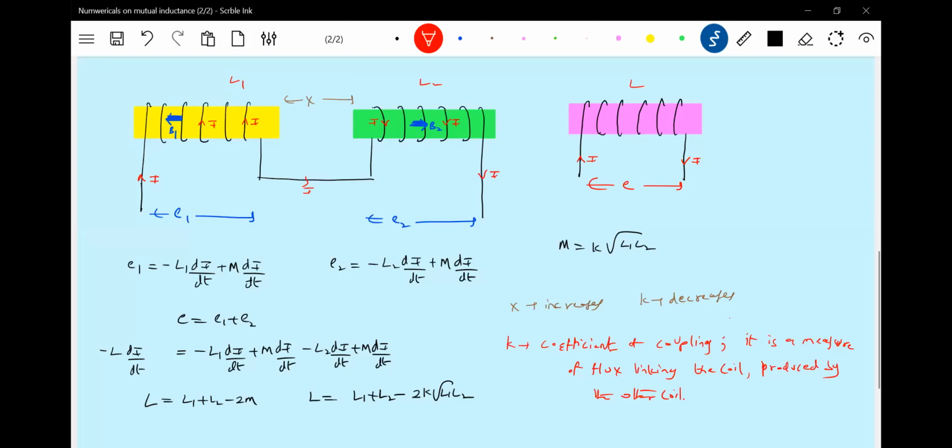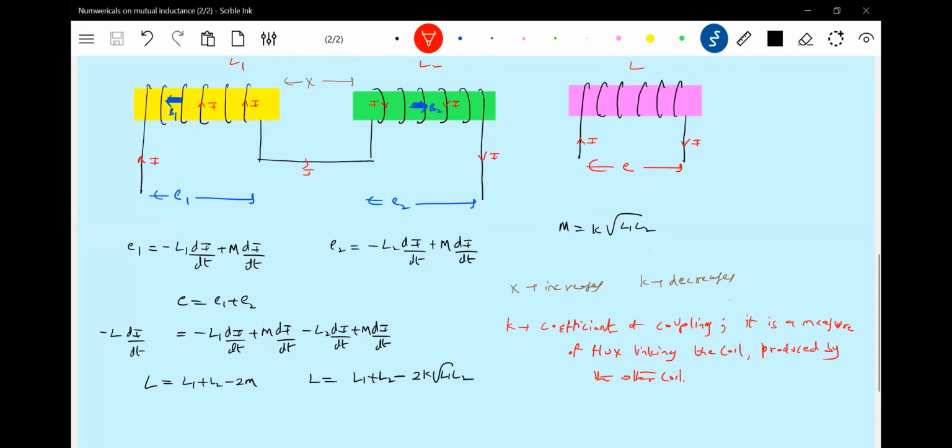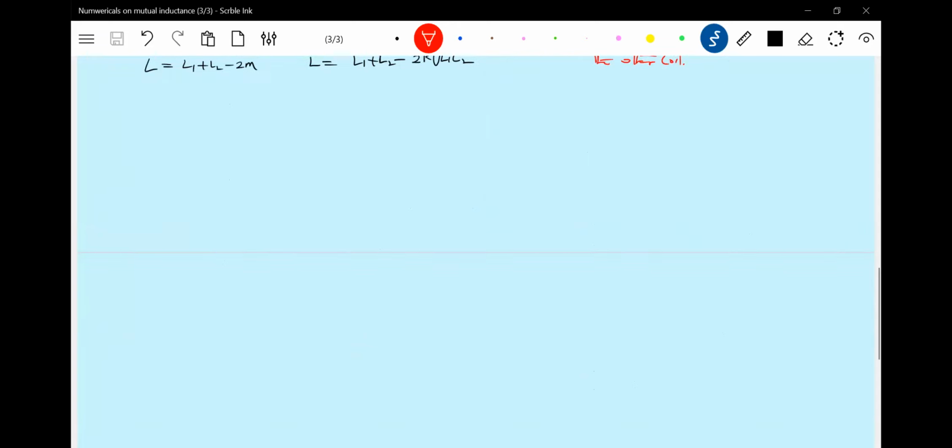Now, when they're connected in parallel, that also will come. I'll write down the formula. I already derived it in the app previously. If you want, you can check it, but it's not needed for the JEE Advanced or Main syllabus. If inductors are connected in parallel, we also get the effect of mutual inductance. If you are interested, just go through it once.